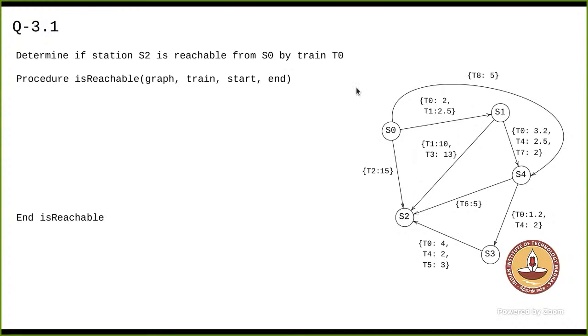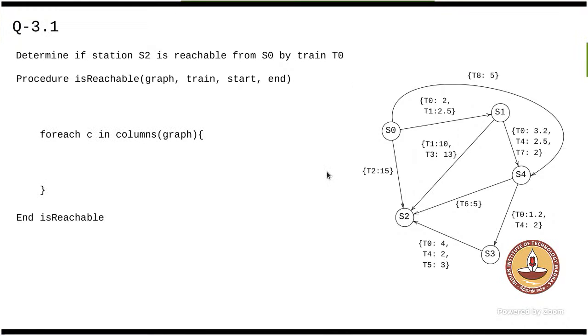Okay, so let's go ahead and do this. For each C in the columns of graph, I'm going to see if the train is present in the dictionary or not for start to C. Let's say start is S0, so C can be S1 or S2.